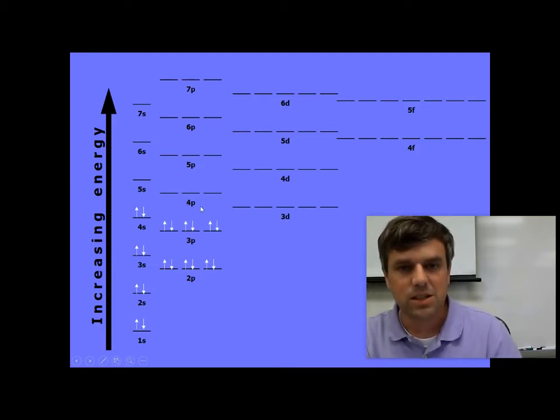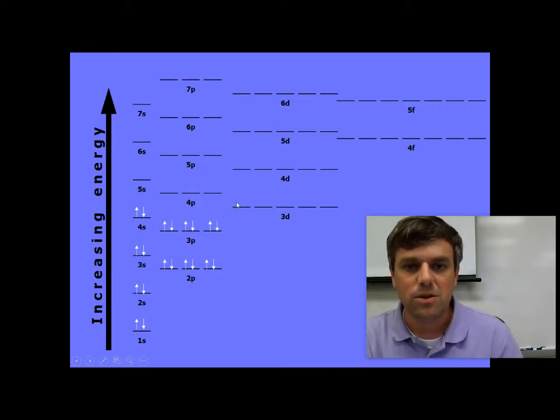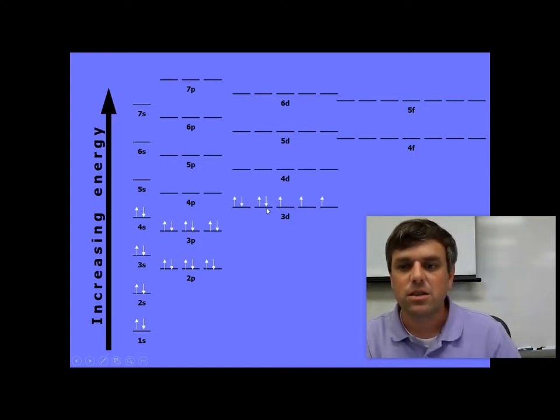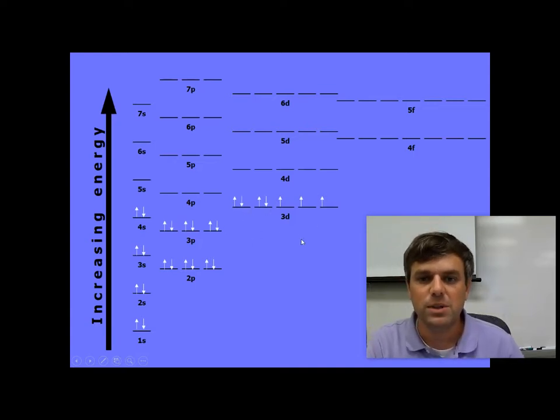So we're going to move into the 3D sublevel. So it goes 1s, 2s, 2p, 3s, 3p, 4s, then 3D. So we're going to go 21, 22, 23, 24, 25, 26, 27. So that would be an orbital diagram for cobalt.